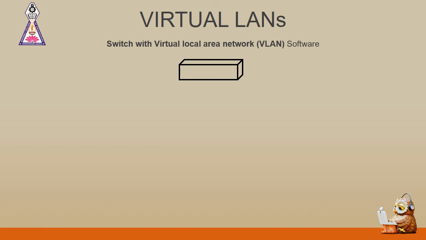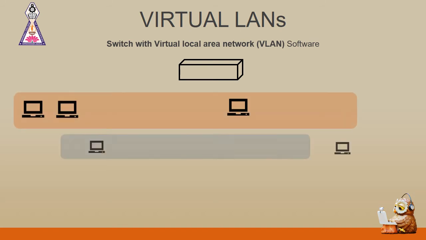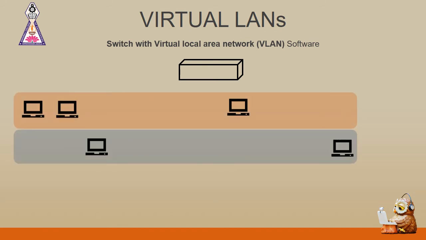So the virtual LAN is nothing but a process of dividing the local area network into logical instead of physical segments. Here, a LAN could be divided into multiple logical local area networks, which are also called virtual local area networks.